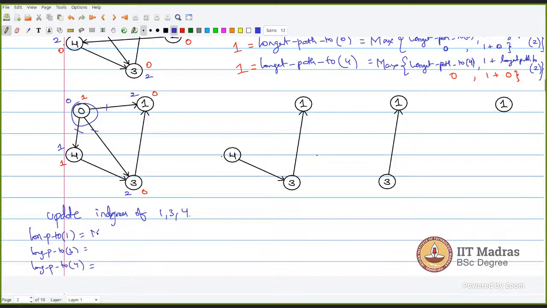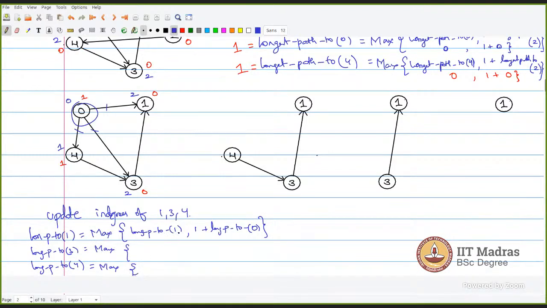So how we update: max of the longest path to 1, comma 1 plus the longest path to whatever vertex we removed, so the longest path to 0. It's the same thing, max of.